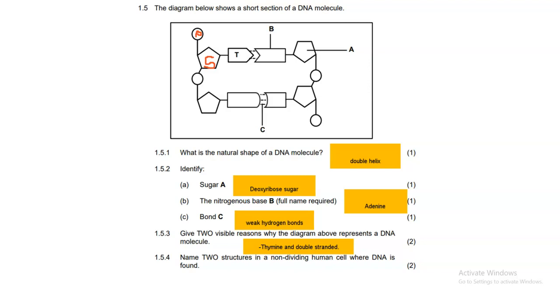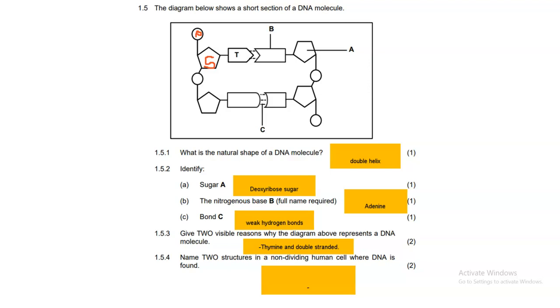Then 2 structures in a non-dividing human cell where DNA will be found. Remember there are 3 places where you can find your DNA: the nucleus, mitochondria, or chloroplast. Here they're talking about the human cell, and we know chloroplast is in plants.